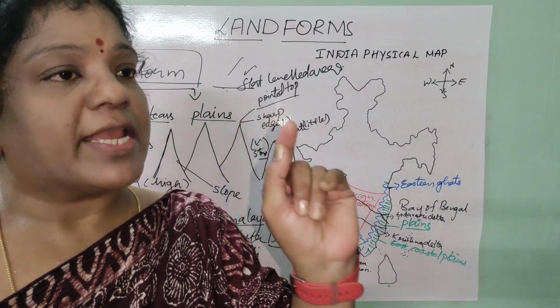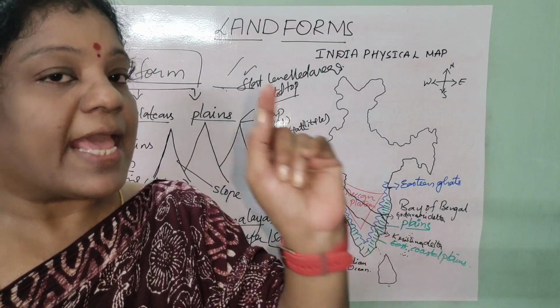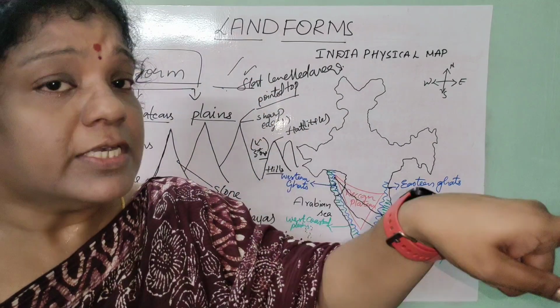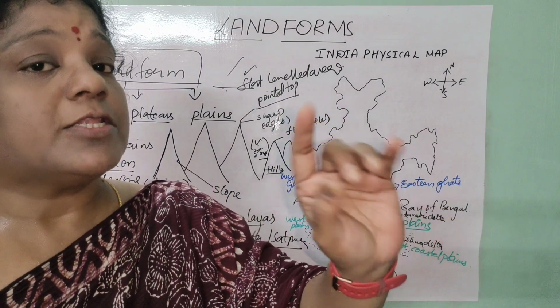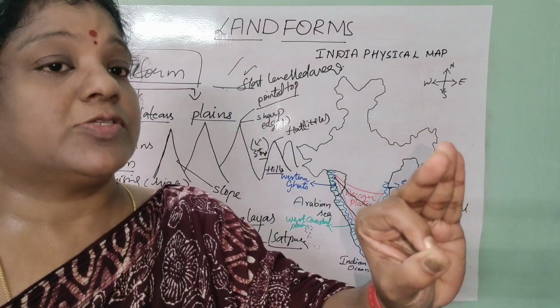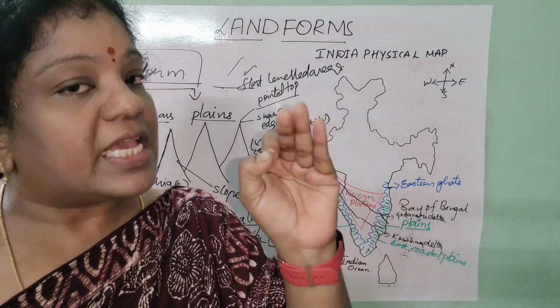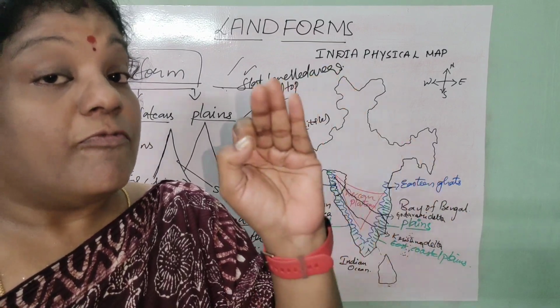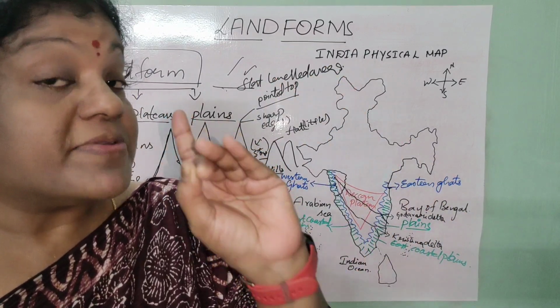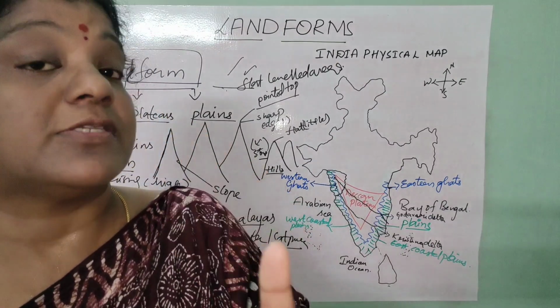Silt is nothing but the fine soil which will be carried along with the flow of the perennial rivers, and the humus is nothing but the combination of the decayed materials of dead animals, dead plants, etc. This will also form the delta regions among the plains.